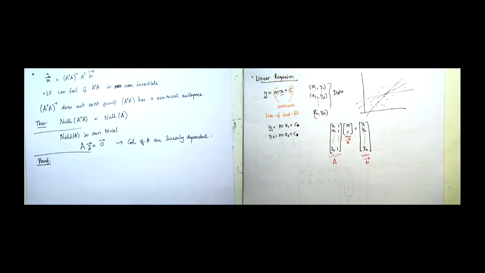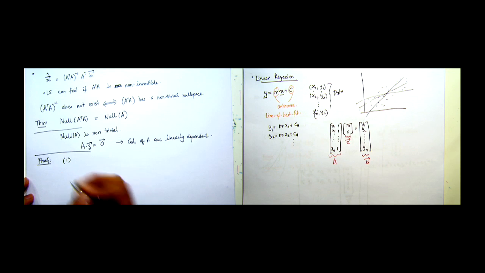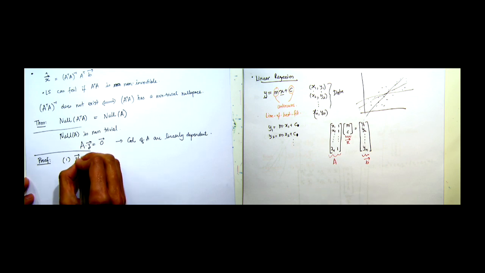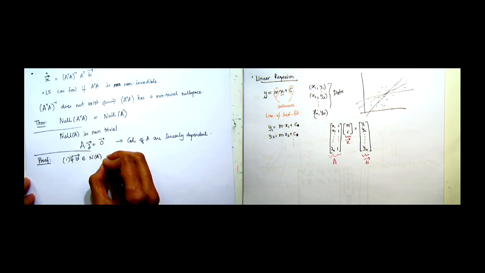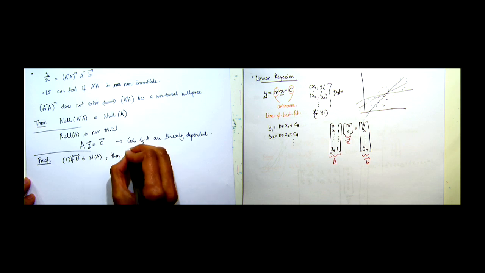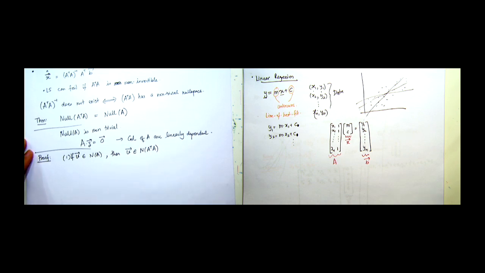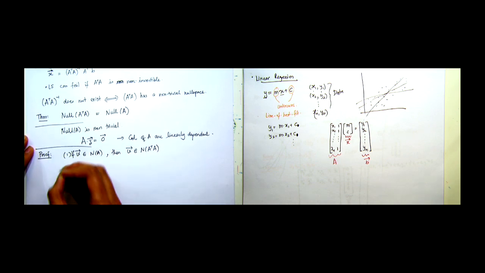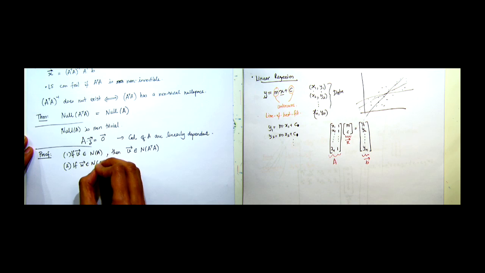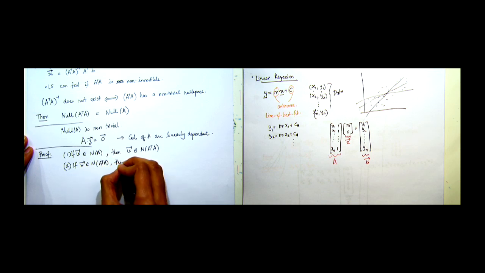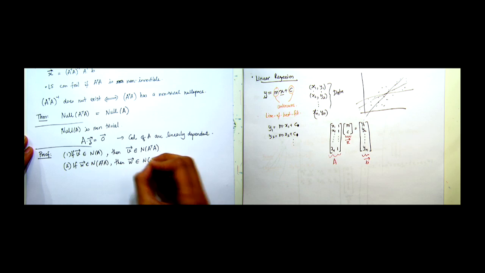First, let's say V is a vector that belongs to the null space of A. If V belongs to the null space of A, then we want to show that V must belong to the null space of A transpose A. And second, we want to show that if W is a vector that belongs to the null space of A transpose A, then W must belong to the null space of A. These are the two things that we want to show.